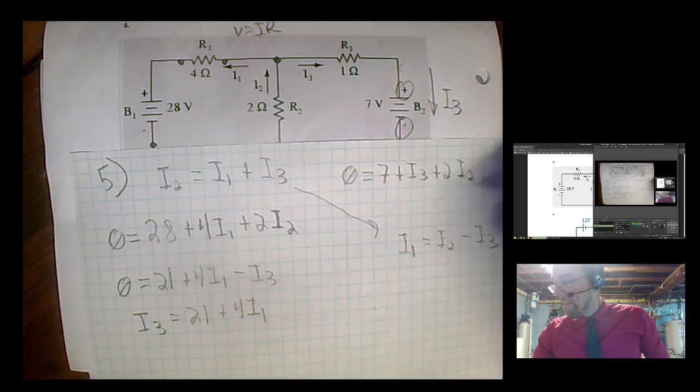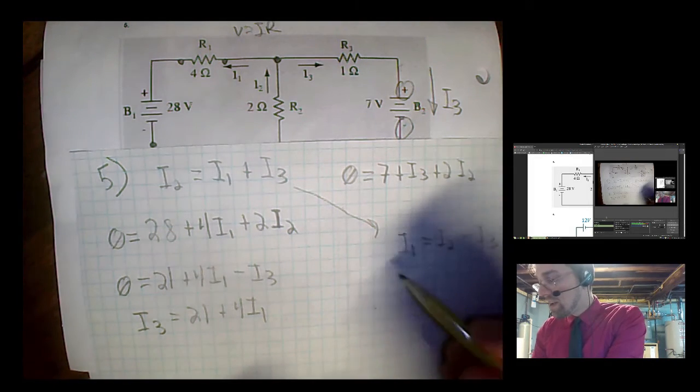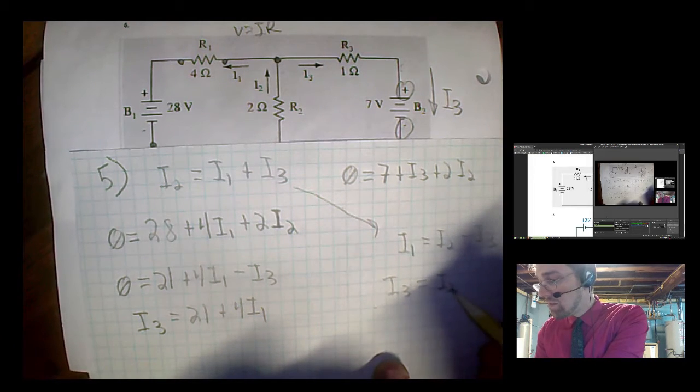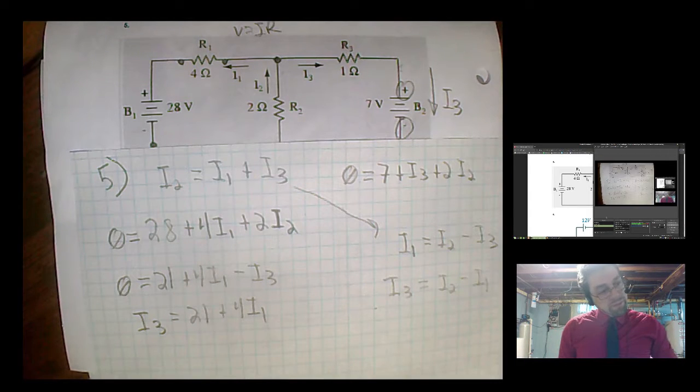Let's see, what else do we have to work with here? And actually, consequently, I3 is also I2 minus I1. I got that also. Okay. And actually, let's run with that.